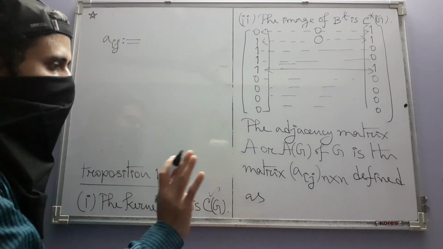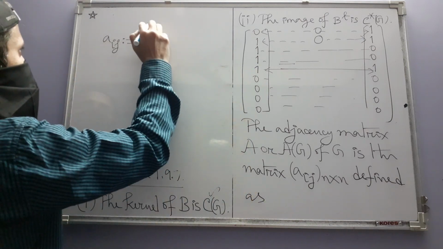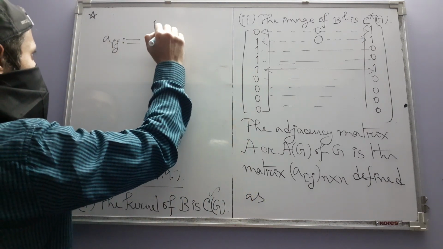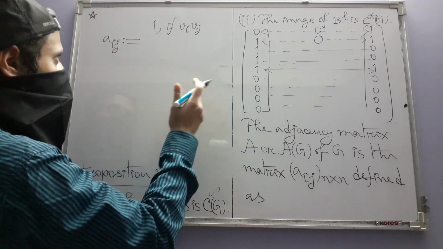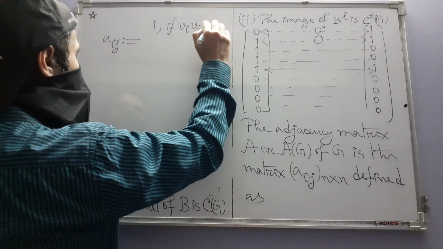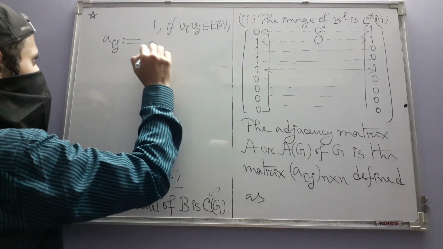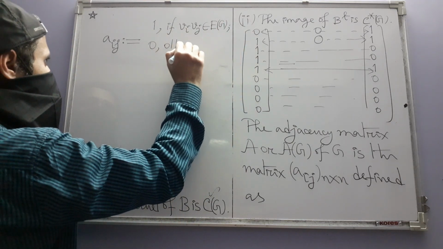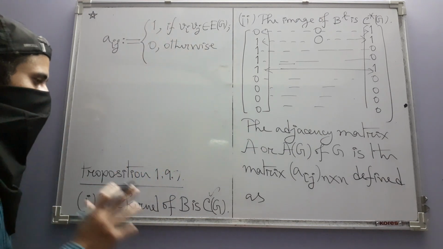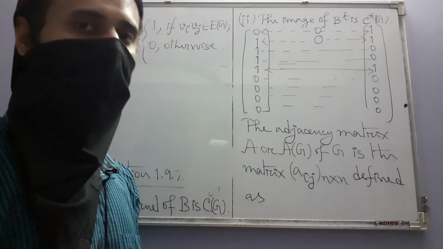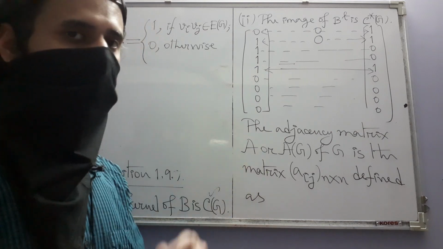Edges do not have any, well, they have a role here but not in that way. This is one if Vi and Vj are adjacent, that is when they form an edge in the graph, and 0 otherwise. Because this matrix keeps track of adjacencies, that is which vertices are adjacent to which other vertices, that's why it's called the adjacency matrix.